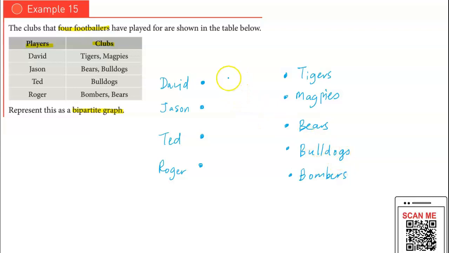Okay, so David played for clubs tigers and magpies. Jason played for bears and bulldogs.